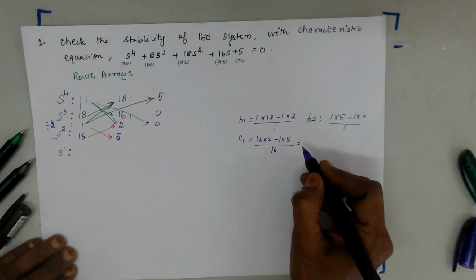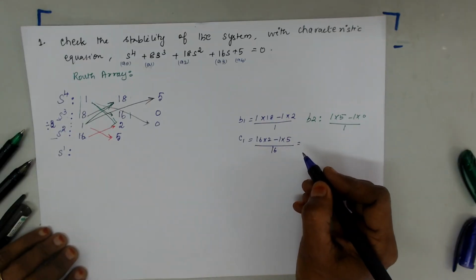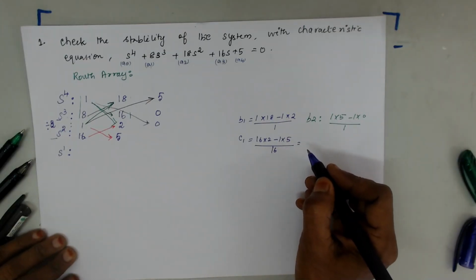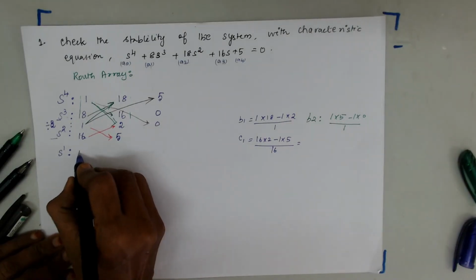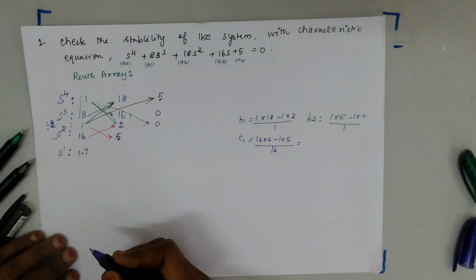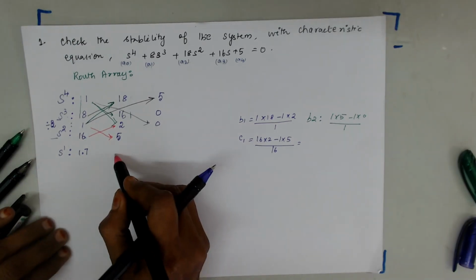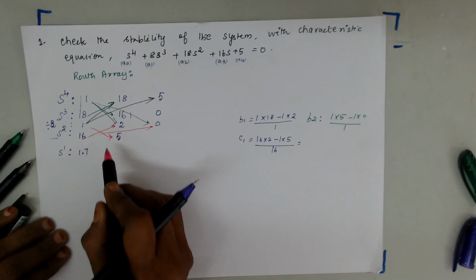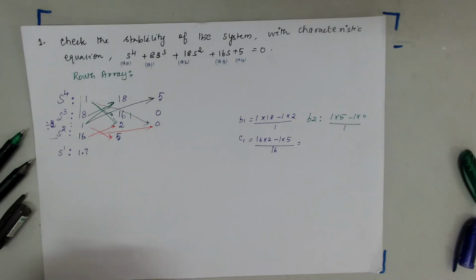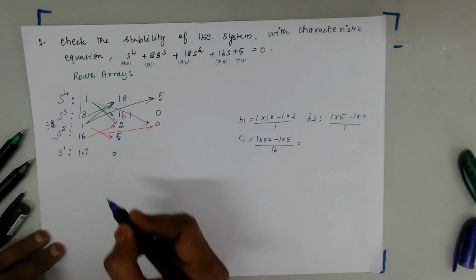So 32 minus 5 is 27, divided by 16. That value is equal to 1.7, so you can write 1.7 here. The next element is 16 into 0 minus 1 into 0, both of which are 0, so we have a 0 here.